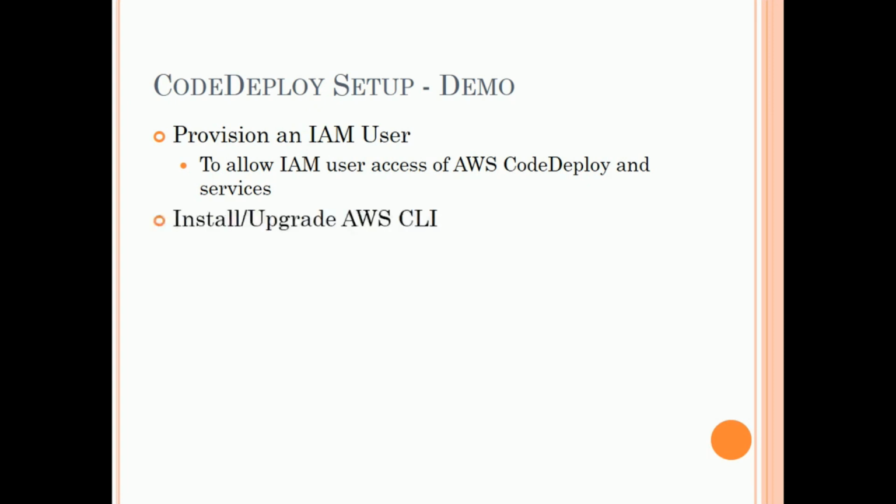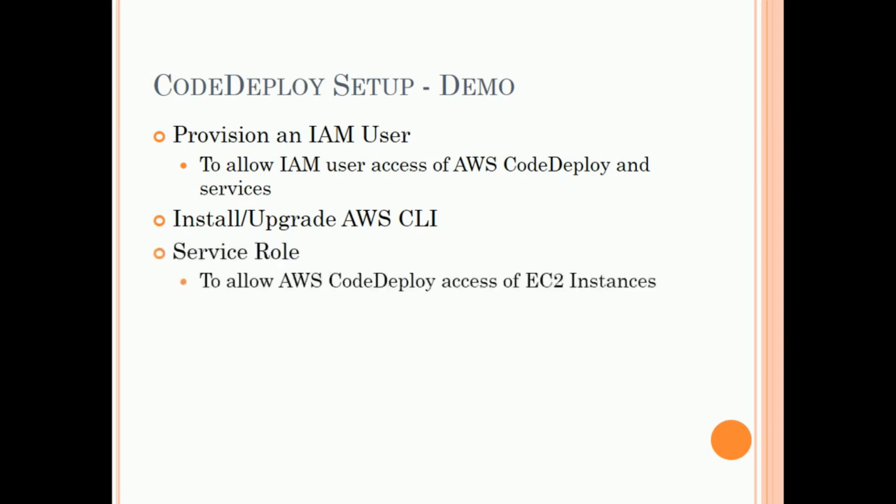The second is to install or upgrade the AWS CLI. The AWS CLI is used to upload the revision to our CodeDeploy project. We have already installed the latest version of the AWS CLI, so we will just verify the AWS CLI version. Then the third is the service role. To allow AWS CodeDeploy to work with Amazon EC2 instances, we need to create a CodeDeploy service role.